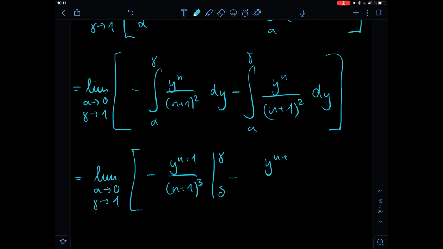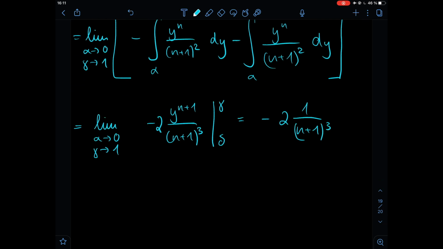That's the same integral, so actually we don't have to write that again. We can just put a 2 right here. All right, we're almost done. Now we plug in 1 for gamma and 0 for alpha, and we will see that this is minus 2 times 1 over n plus 1 to the power of 3.